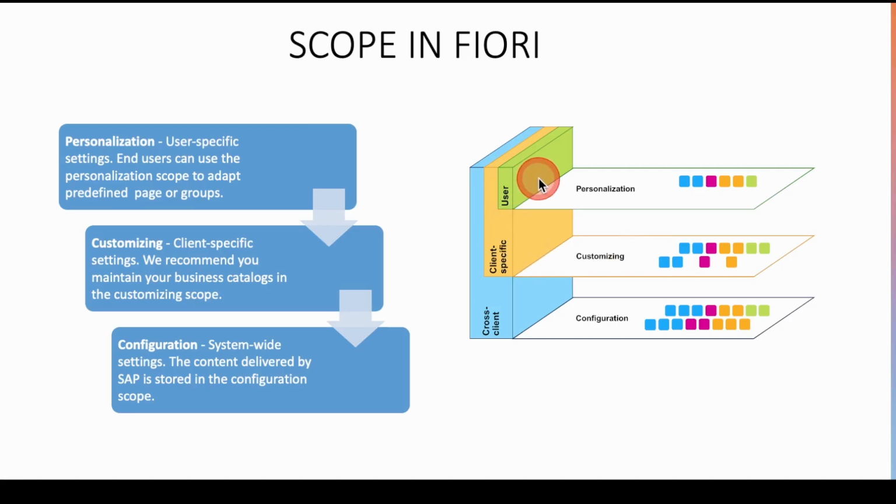The next will be personalization scope or the user scope. So this is basically where a user can make changes to his or her own experience. For example, if you go to the Fiori homepage, a user has a choice to arrange the tiles the way he or she wants. The user can manage his or her homepage the way he or she wants.